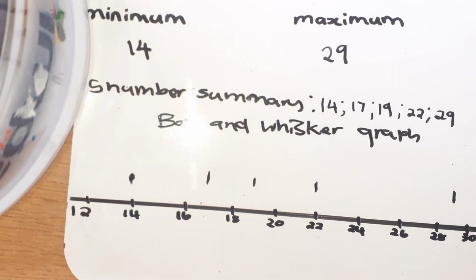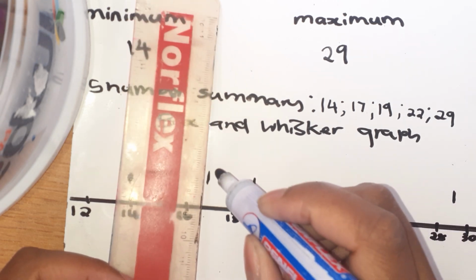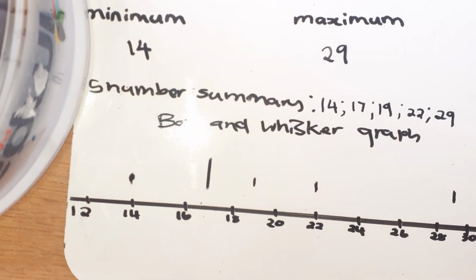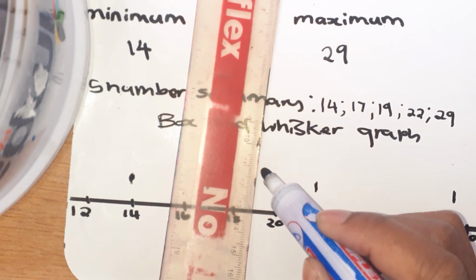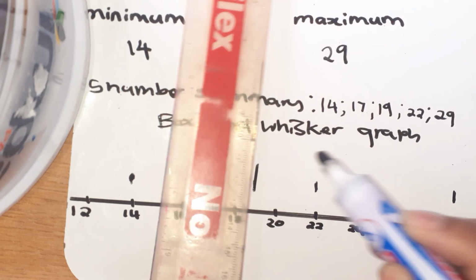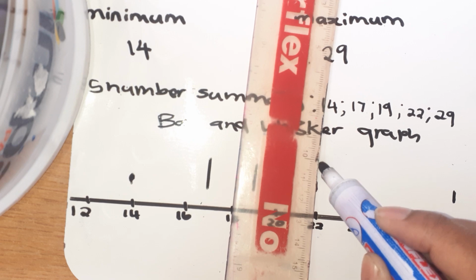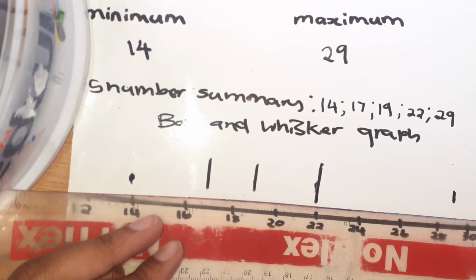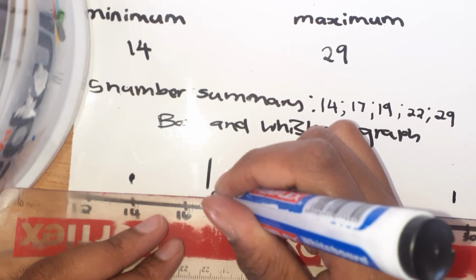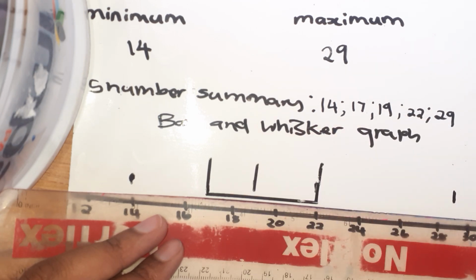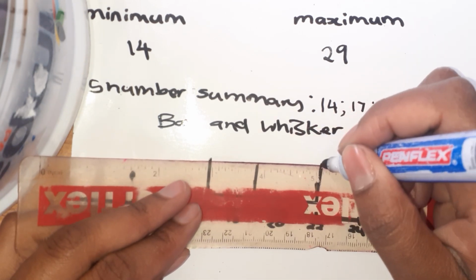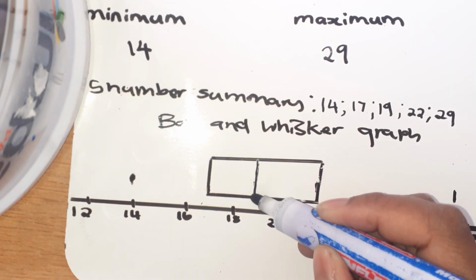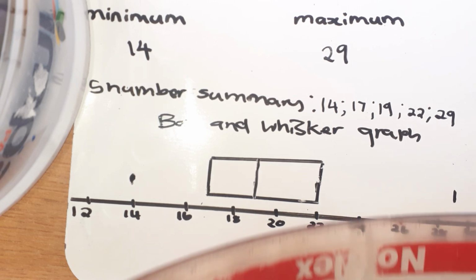So we can draw a box from the lower quartile. This is the median, and this is the upper quartile. So here you put them in a box, like that.